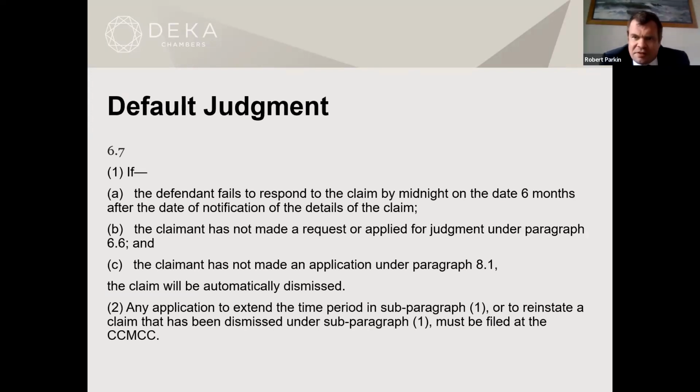And there are comparable provisions for these rules in the ordinary paper route in the CPR. Okay, so if you're a defendant, get your defence in. If you're a claimant and they haven't, make sure you get your application for default judgment in within 6 months, because if not, the claim will be automatically dismissed.